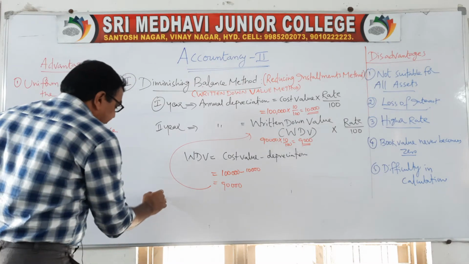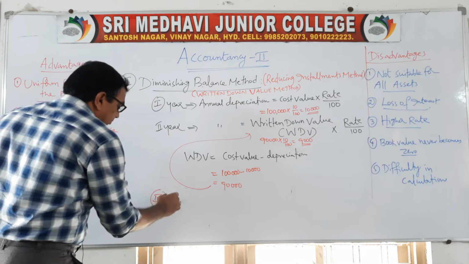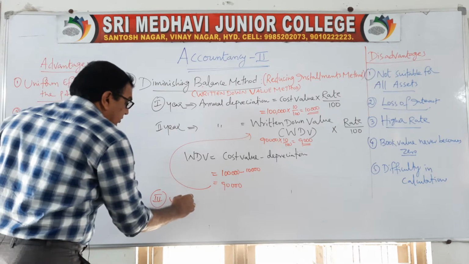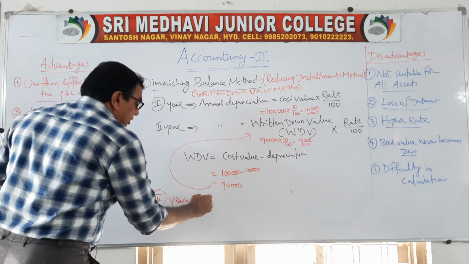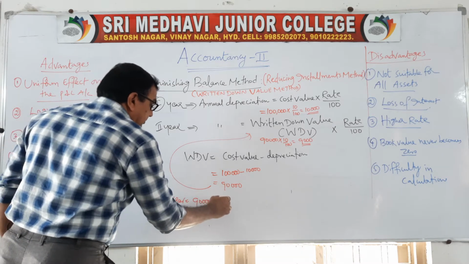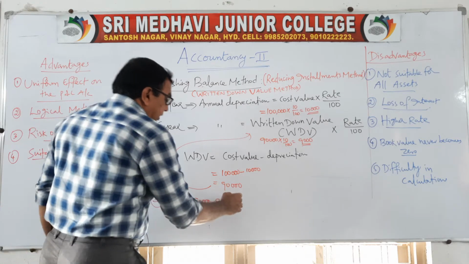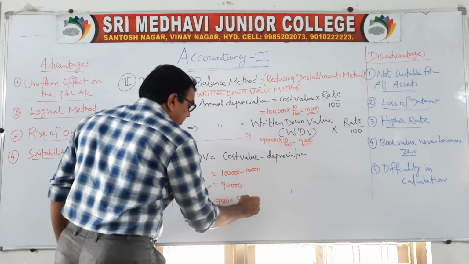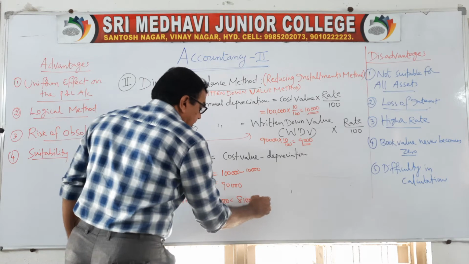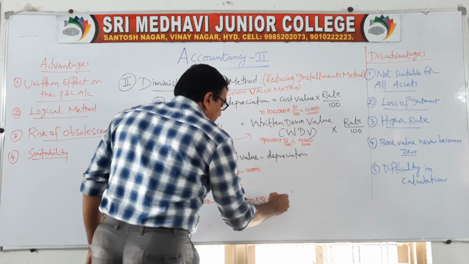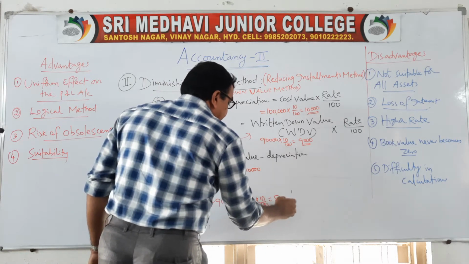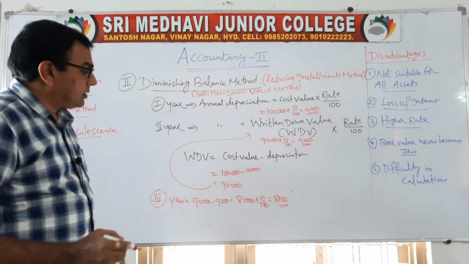Third year, 90,000 minus 9,000, 81,000 into 10 by 100. Rate doesn't change, but the amount of depreciation will change. 8,100.